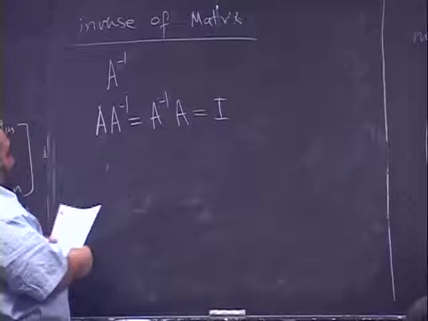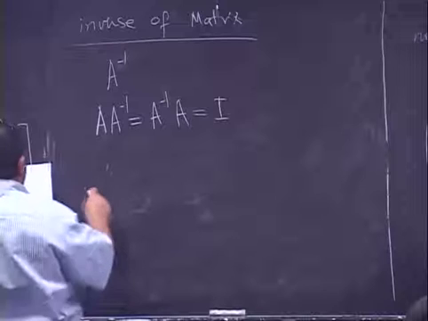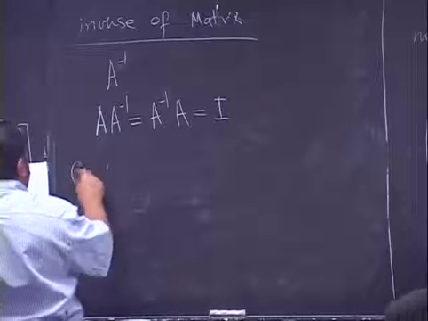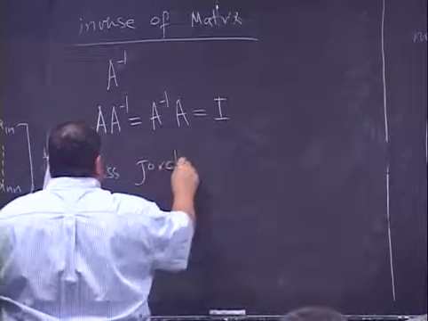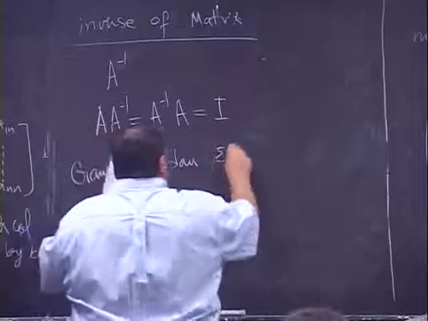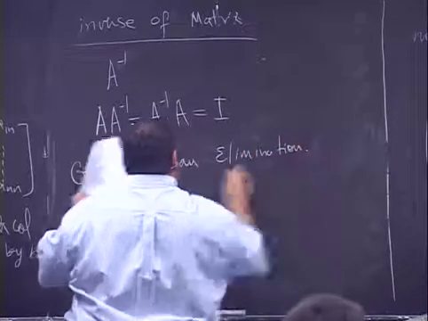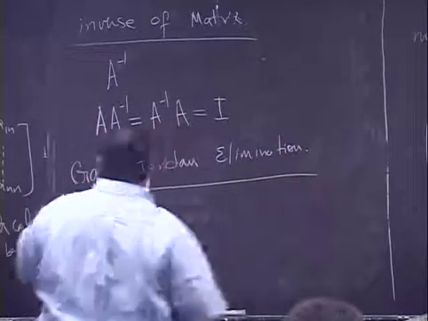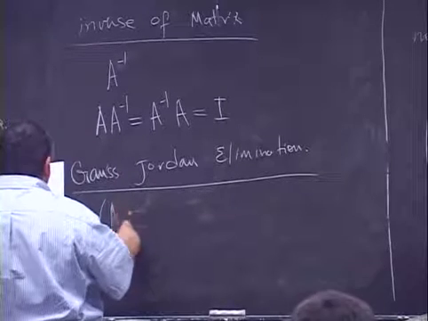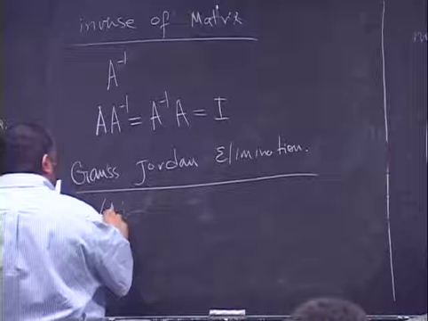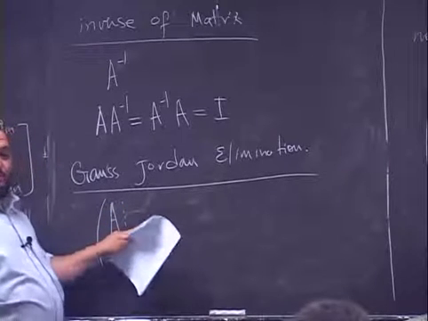So how will we calculate the inverse matrix? Method number 1 is called Gauss-Jordan elimination. You will take the matrix A, and now for the augmented matrix for the Gauss elimination, what vector do we put here?